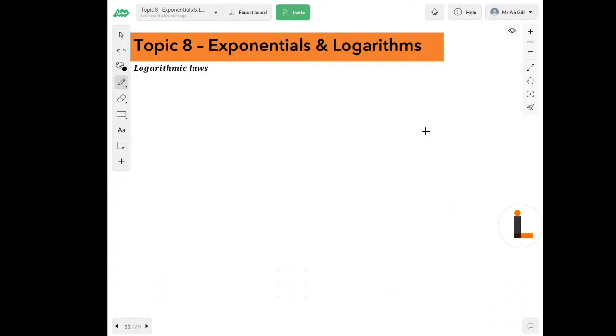So, next some retrieval practice. Just try and retrieve as many log laws as you can think of.